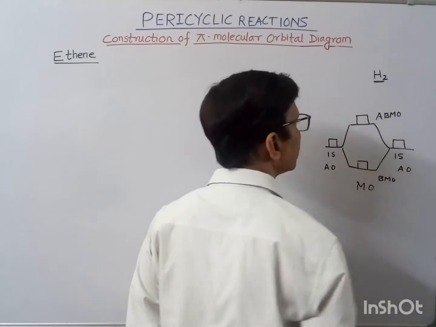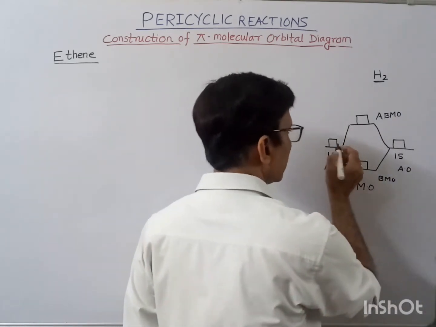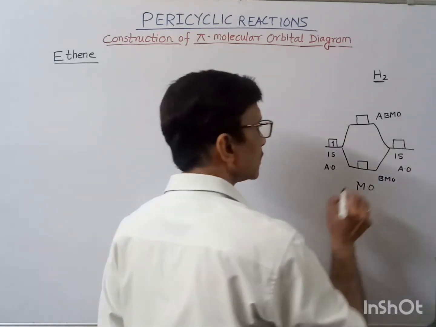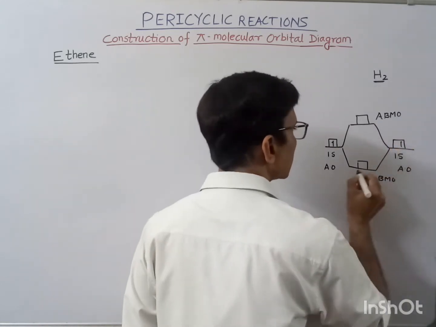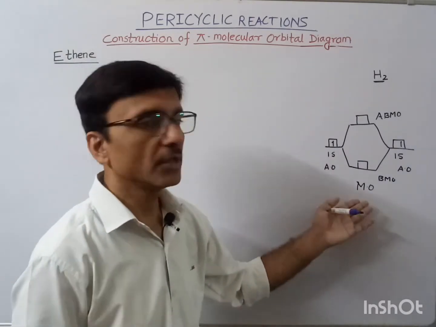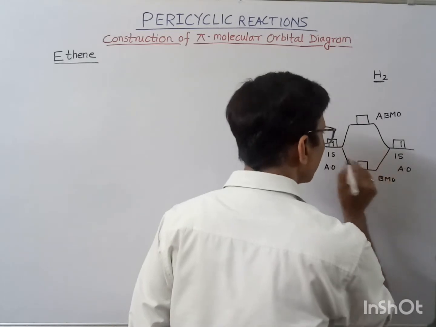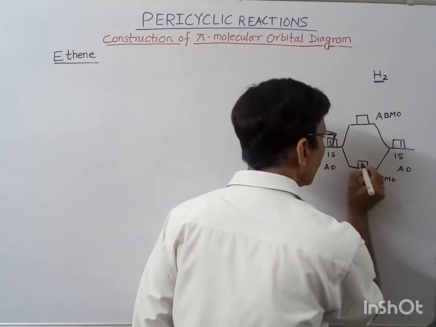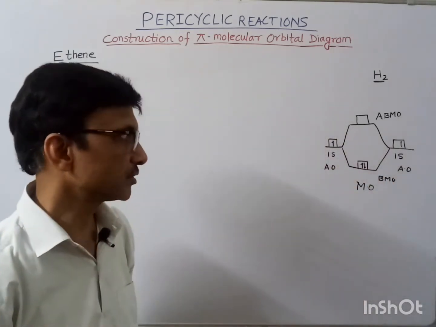molecular orbital. Here one electron is present in this 1s orbital, and here also one electron is present in this 1s orbital. If we want to fill the molecular orbitals, then we apply Hund's rule. So the 2 electrons will be filled in the bonding molecular orbital first.